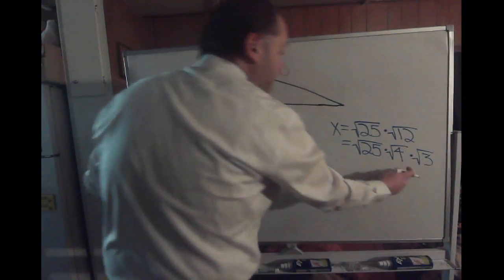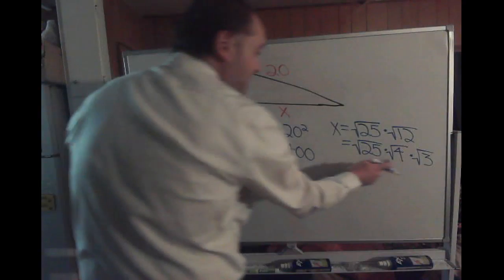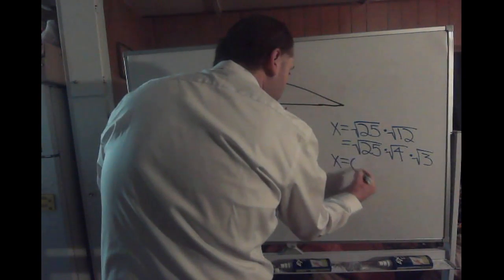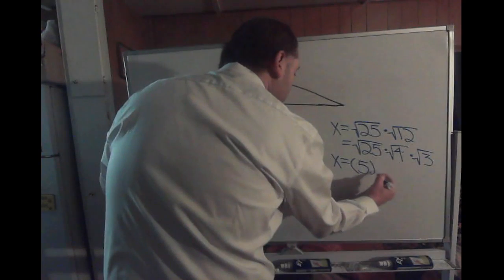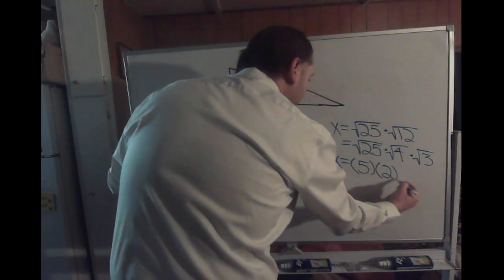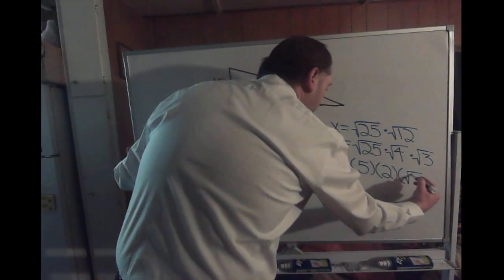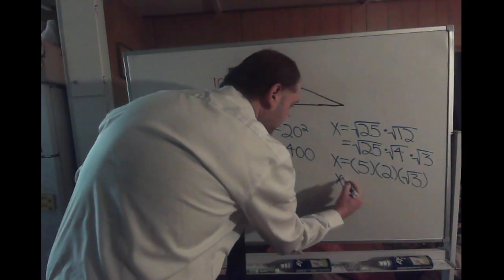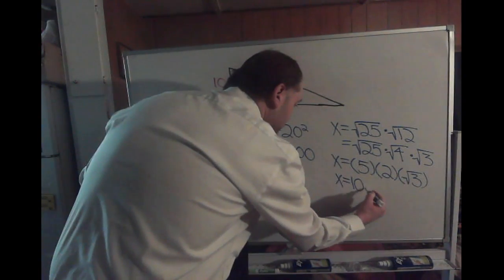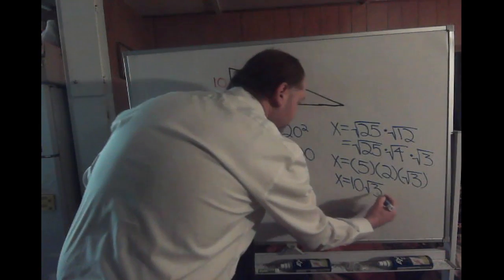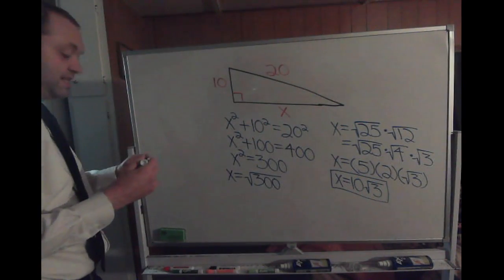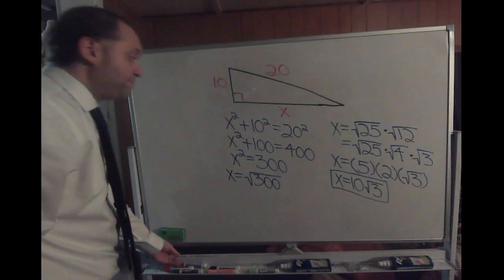Well, the square root of 3 sure doesn't break down, but 25 and 4 do. X would equal then 5 times 2 times the square root of 3, which would then have to mean that x has a length of 10 times the square root of 3. So the length for x for this leg would be 10 times the square root of 3.